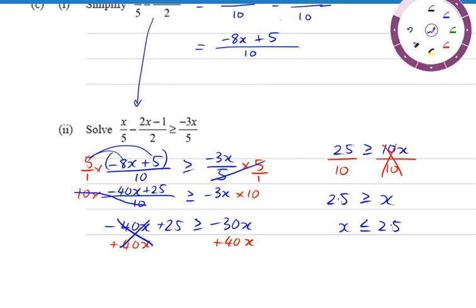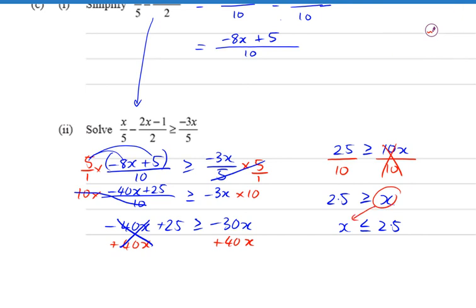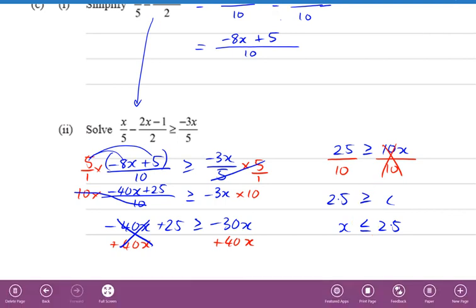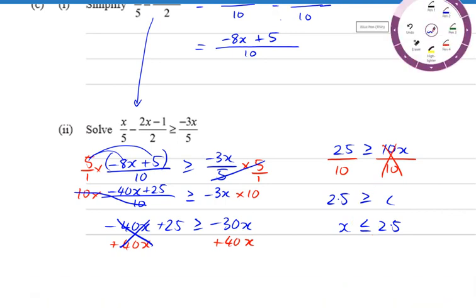So just notice that if I'm going to swap x over to here, then I must also swap those signs there. Okay, I'll just put x back where it was.